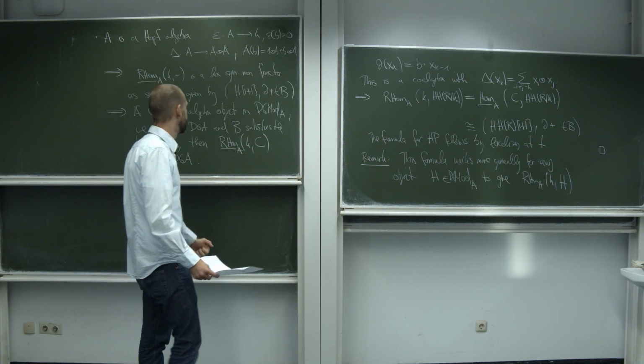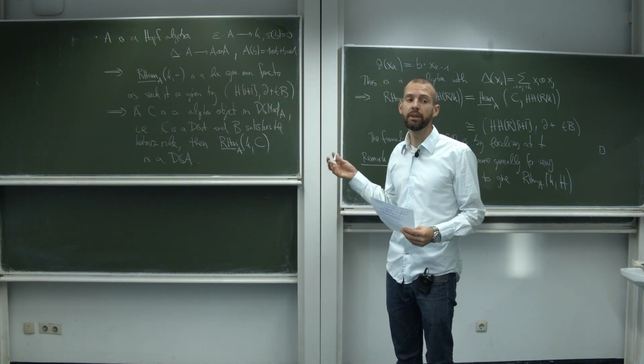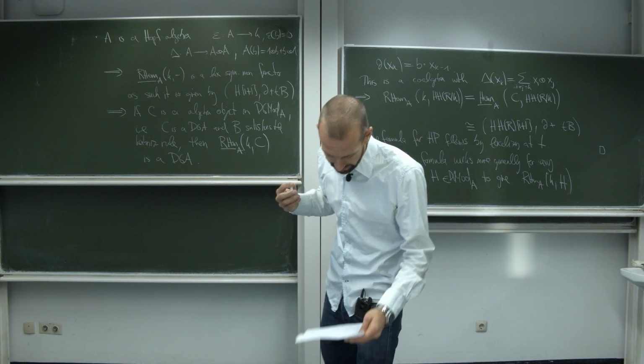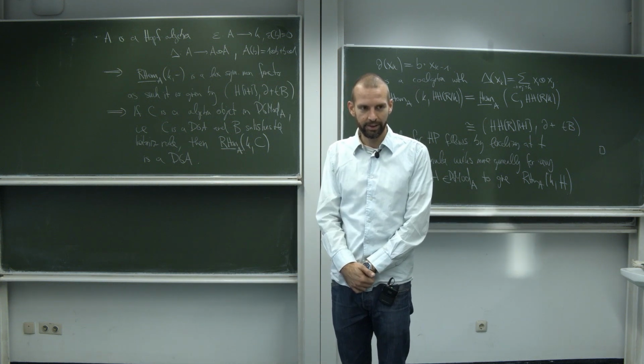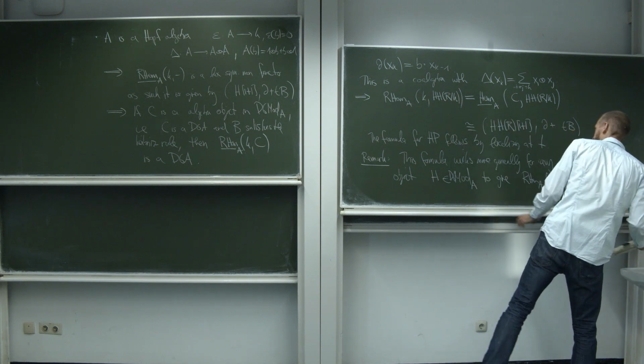And I admit that this was an overly fancy way of saying something somewhat simple. But the problem here is that this is never the case in practice. Let me tell you what I mean by that after wiping the board.